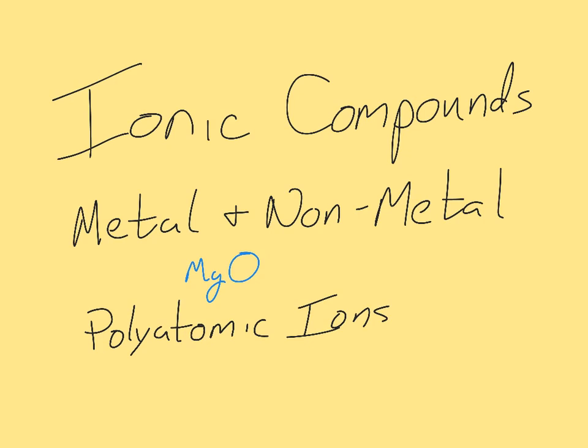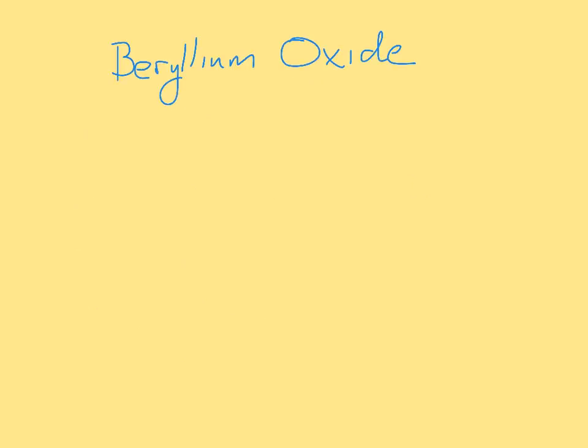So if we see something like BeNO3, we will get 1, 2, 3 capital letters, and therefore we're going to have polyatomic ions. Let's take a look at a few just to get a bit more practice.